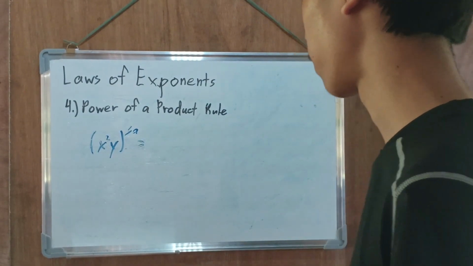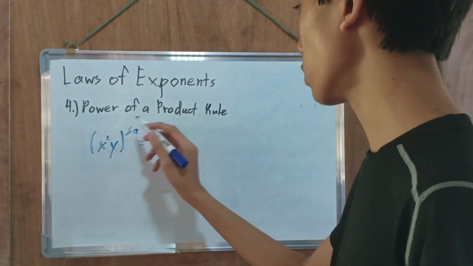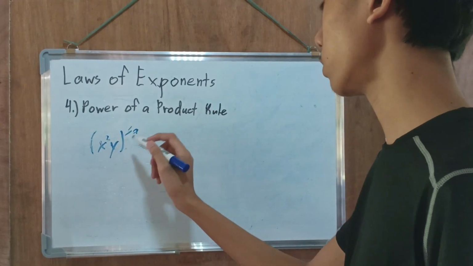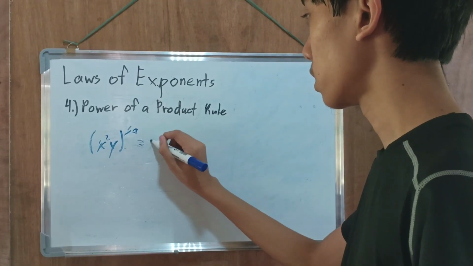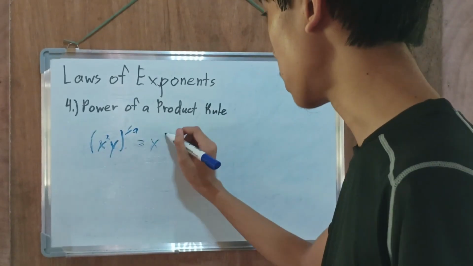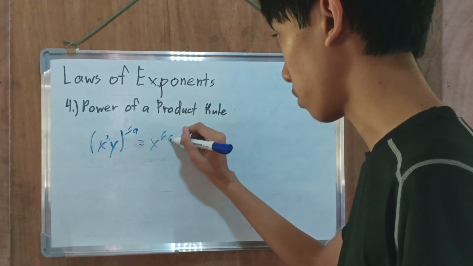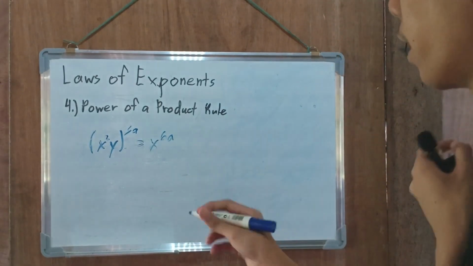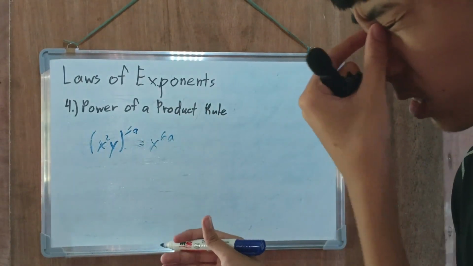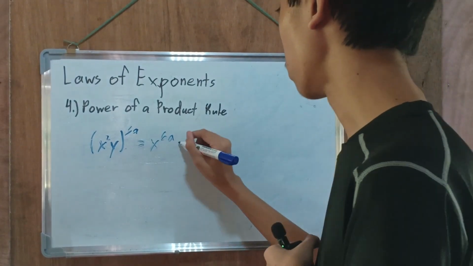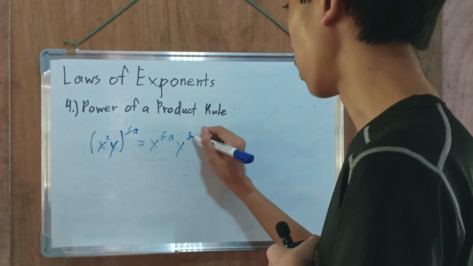So x raised to the second power, I'm going to distribute the 3a to x squared. So 2 times 3 is 6, so we're going to be left with x to the 6a. And y, the 3a distributes to y, which equals y to the third a.